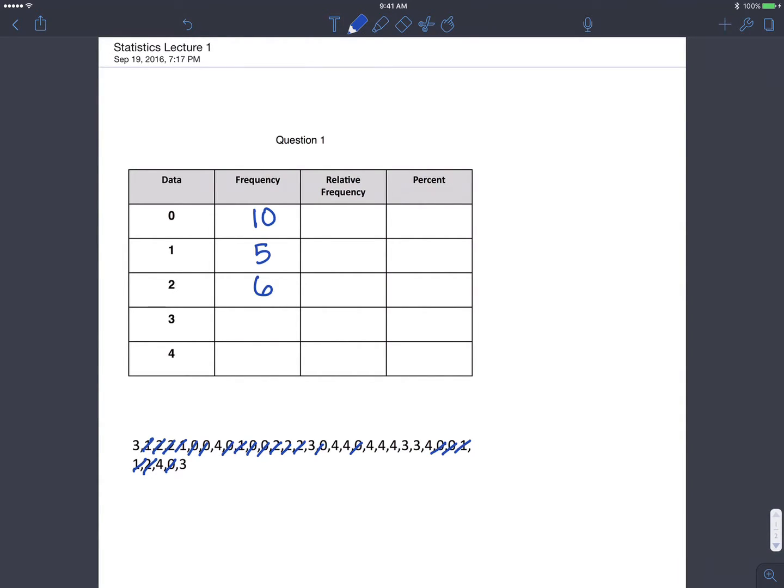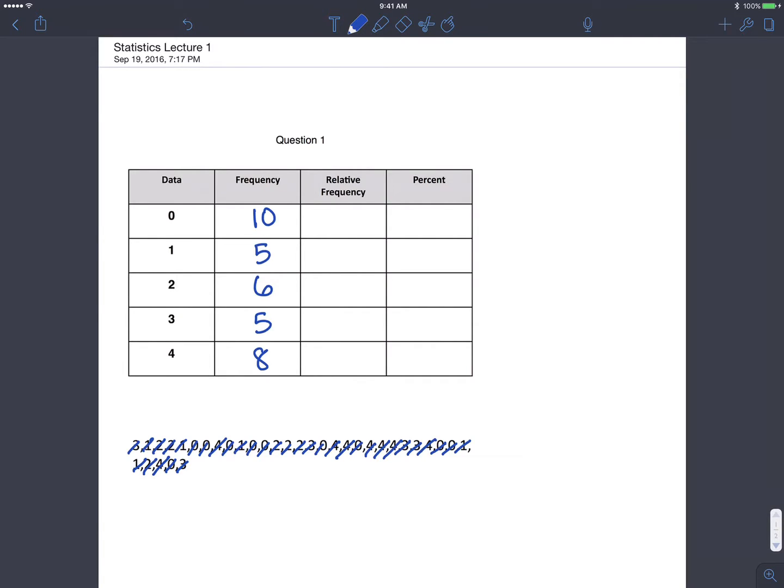How many students drink 3 cups? 1, 2, 3, 4, 5. How many students drink 4 cups? 1, 2, 3, 4, 5, 6, 7, 8.